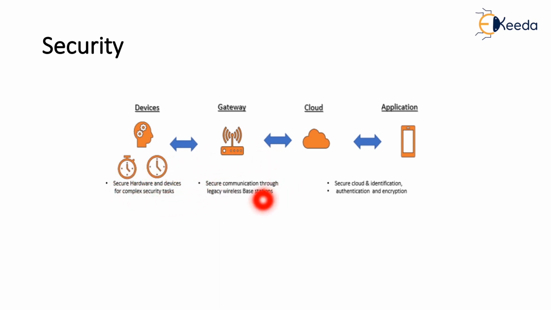The gateway secures communication through legacy wireless base stations, and then the application service or the secured cloud handles identification, authentication, and encryption. The perception layer corresponds to the physical layer and data link layer in the OSI model and is considered to be the basis for higher layers and services. This layer includes N nodes like metering devices, temperature sensors, etc.